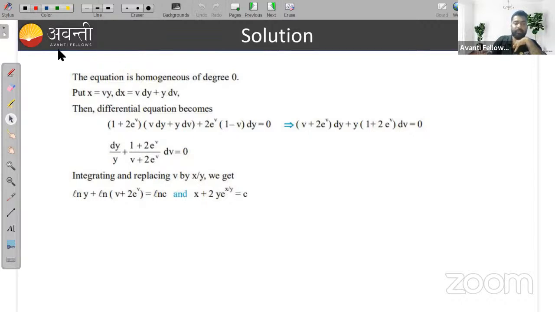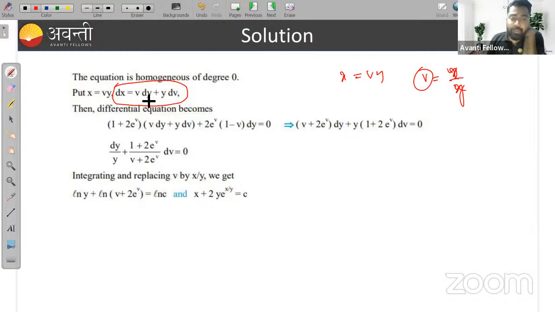So the differential equation becomes, if x is equal to vy, then v is equal to x upon y. So in place of x upon y you have to put v, and in place of dx you have to put v dy plus y dv.